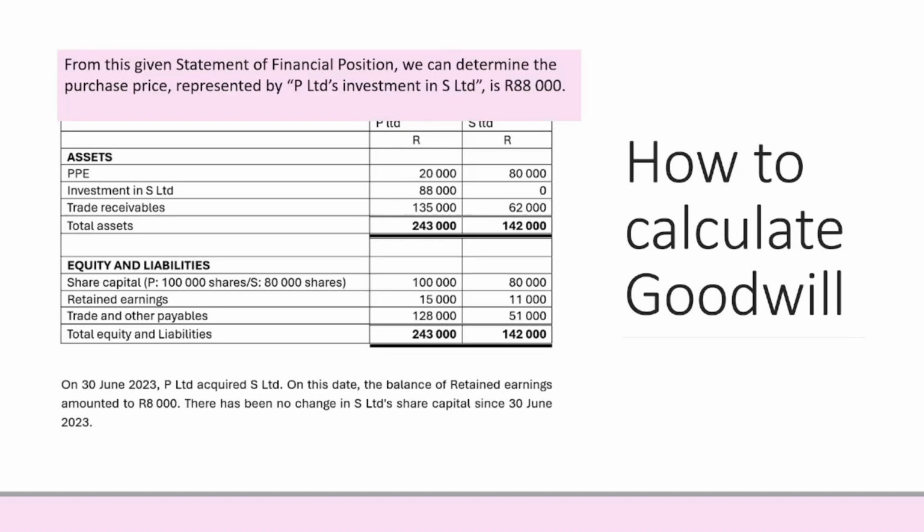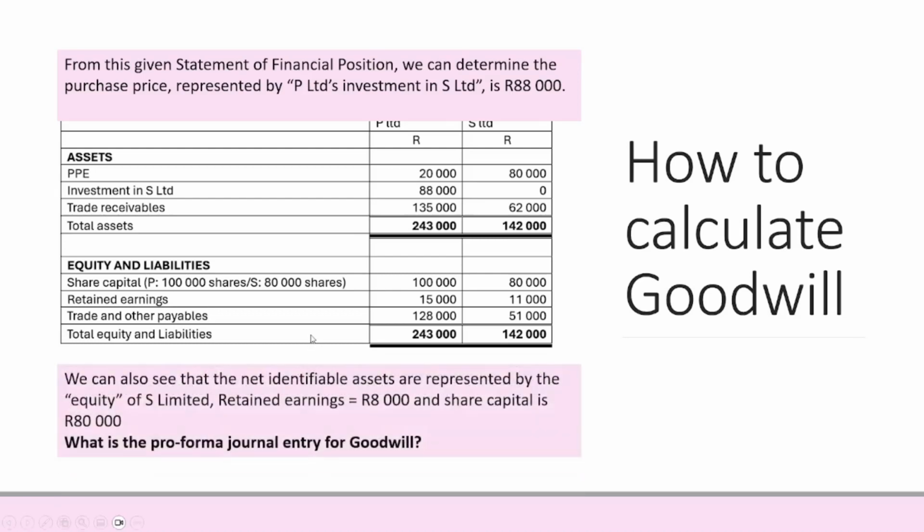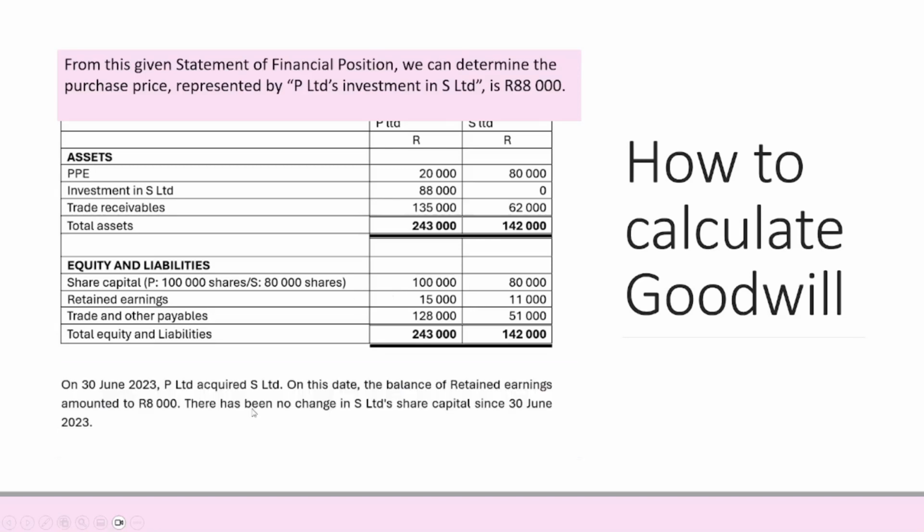How do you then determine your net identifiable assets? Net identifiable assets are represented in its most simplistic form without fair value adjustments. They are represented by your share capital and your retained earnings, so your equity line items. Net identifiable assets are represented by their equity. So retained earnings are 8,000 Rand, and the share capital, because we were told it has not changed, is 80,000 Rand.